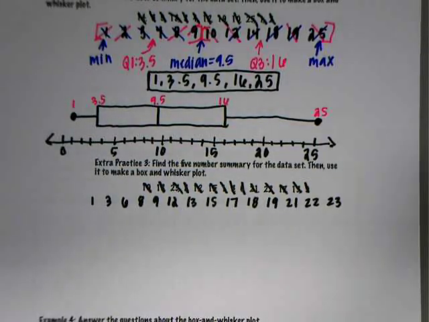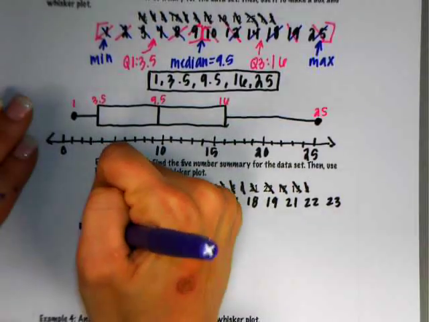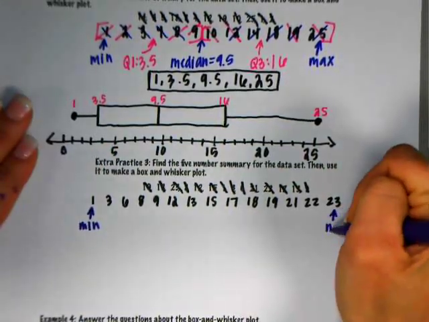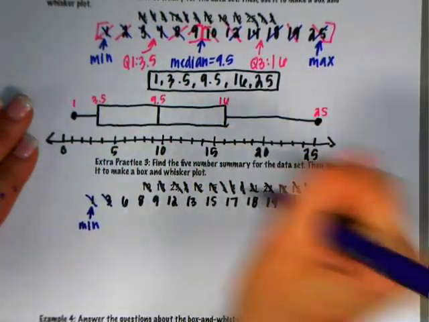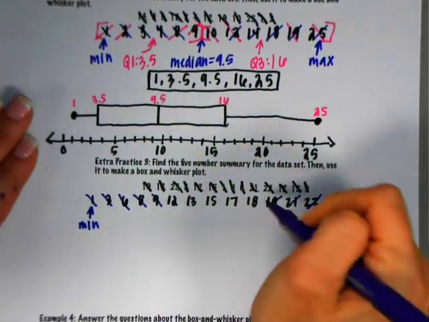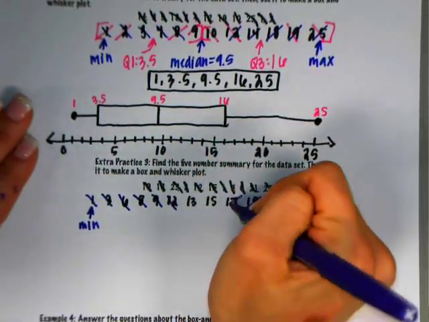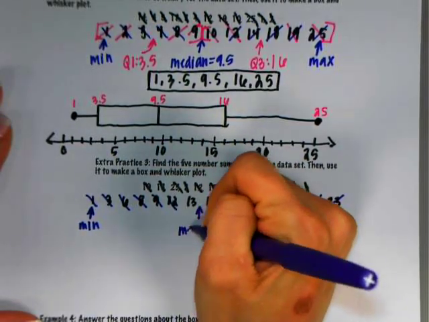Okay, let's start on this one. So you have your minimum, your maximum. Okay, so your median is between 13 and 15, so what's your median going to be?